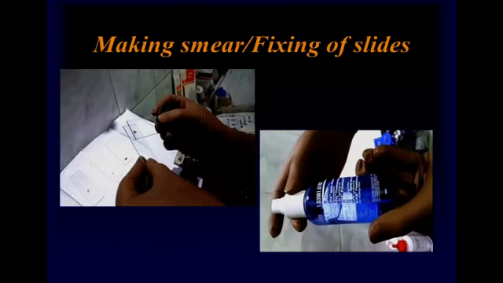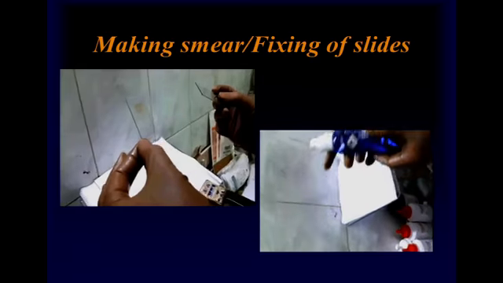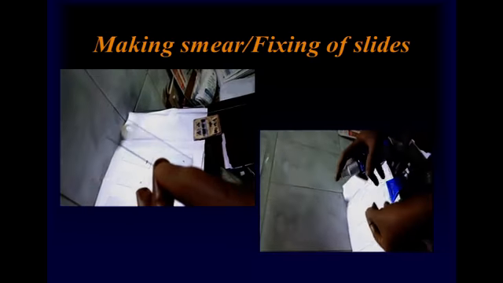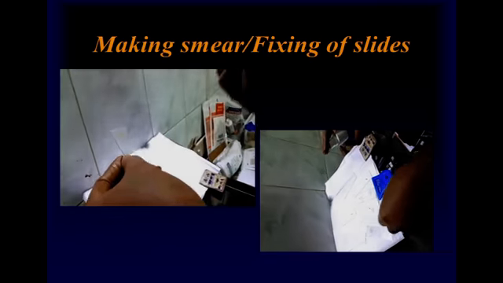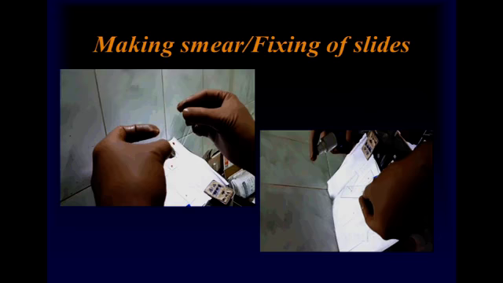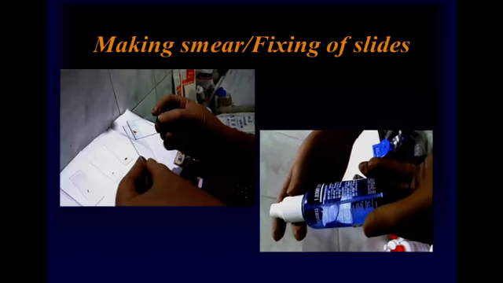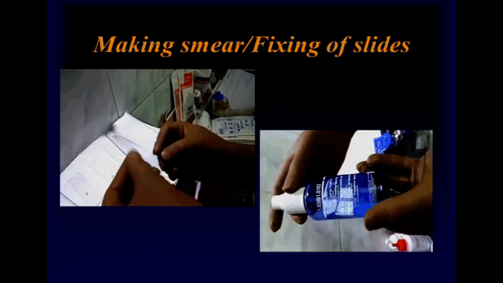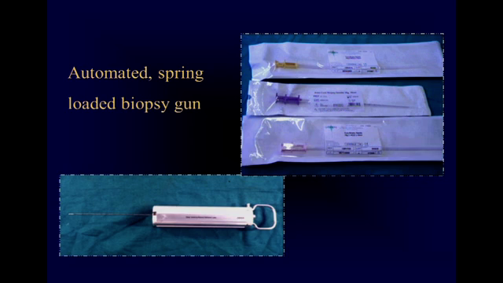The fixing can be done with a fixing solution or one can just do an air dry, but it is important to label the slides as you have fixed them. So if you have fixed them with a solution, you have to label it saying that this is fixed with solution. If you have kept air dry slides, you have to label them separately. This is important for the pathologist.